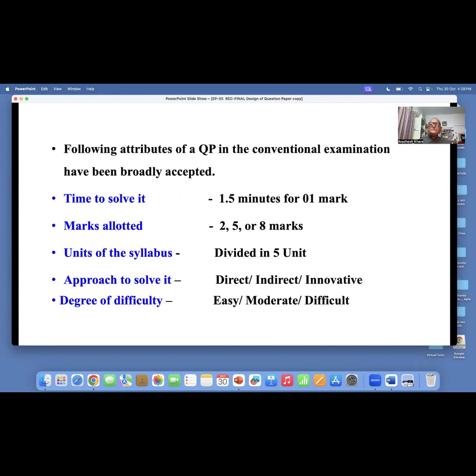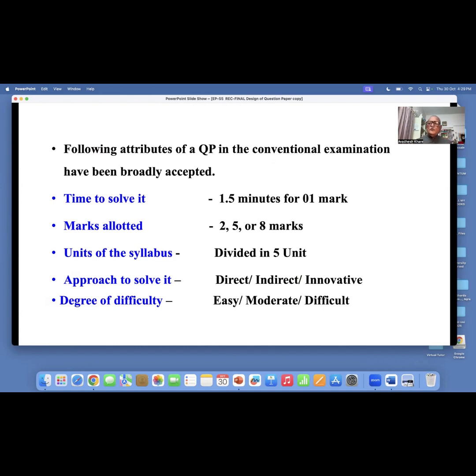The following attributes of a question paper in the conventional examination have been broadly accepted. The time to solve a 1 mark question is 1.5 minutes, because 180 minutes are available to solve a 100 mark paper. So leaving 30 minutes for revision and reading the paper, it is 1.5 minutes per mark.